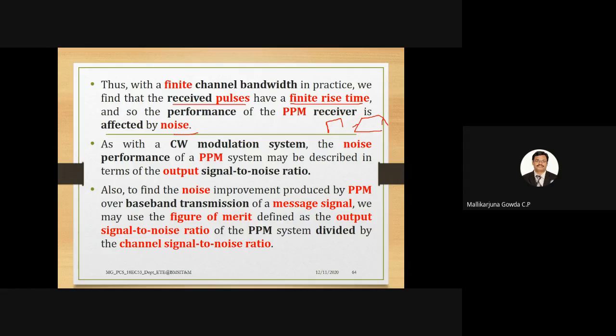As with continuous wave modulation, the noise performance of PPM may be described in terms of output SNR. I think we are already aware how we measure the performance of any communication system: we take the output SNR and the input SNR, and their ratio gives the figure of merit, and also the channel SNR. To find the noise improvement produced by PPM over baseband transmission of the message signal, we use the figure of merit, defined as the output signal to noise ratio of the PPM system divided by the channel signal to noise ratio.